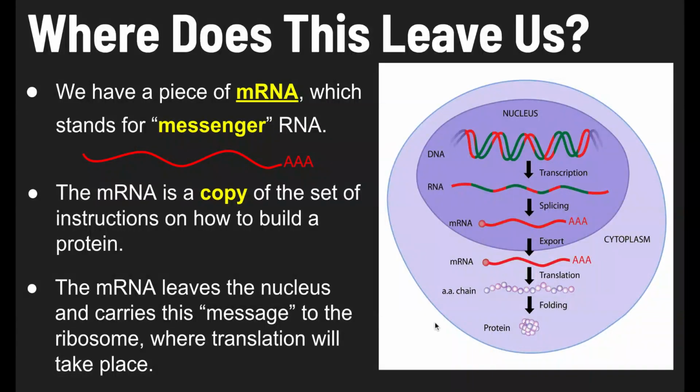This picture summarizes what we've seen so far in this video. We start with a piece of DNA, and we're going to build a piece of RNA with it. Notice that RNA has sections that code for proteins. That's going to be the red sections here, the exons. It also has green sections.